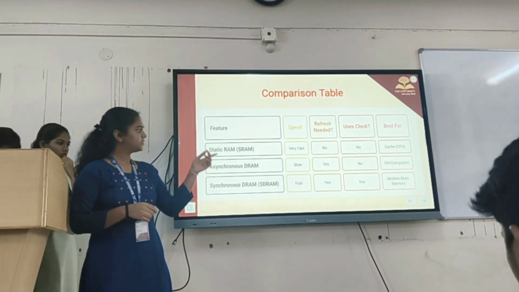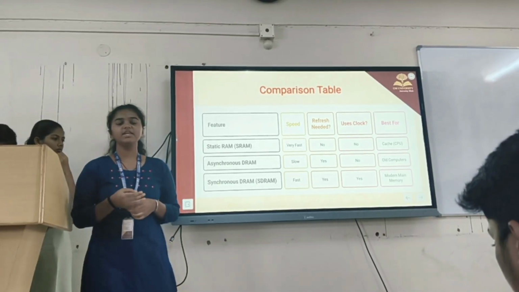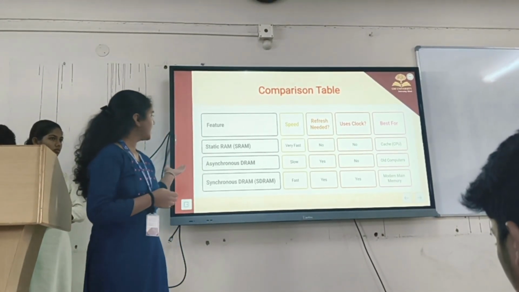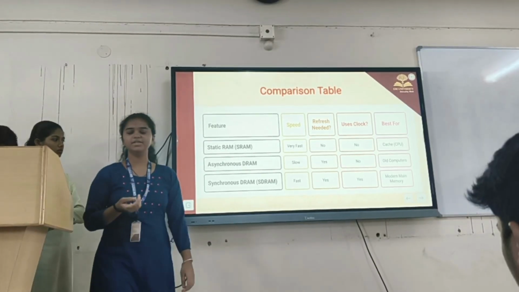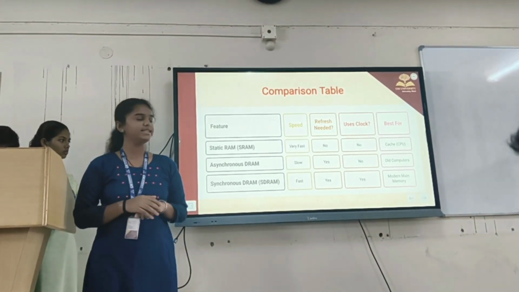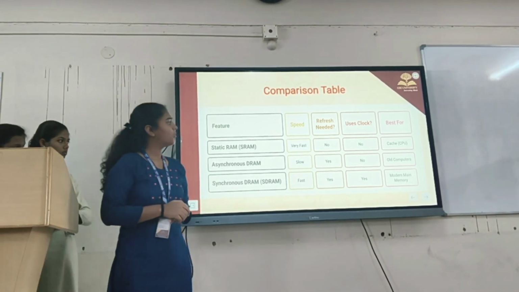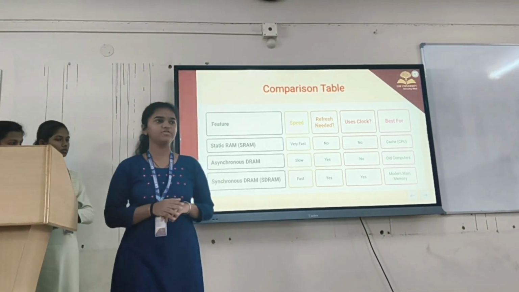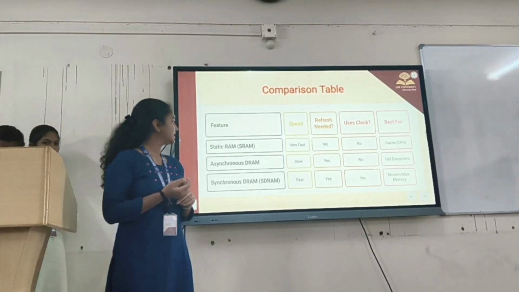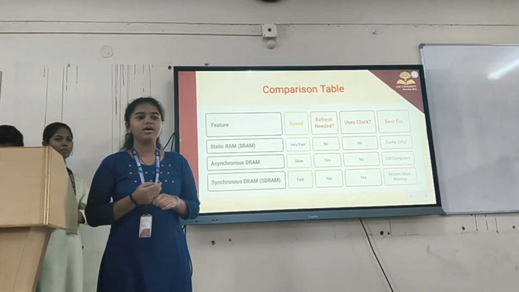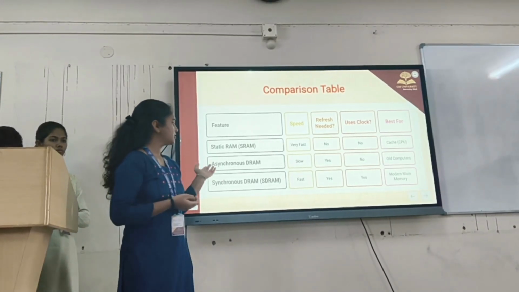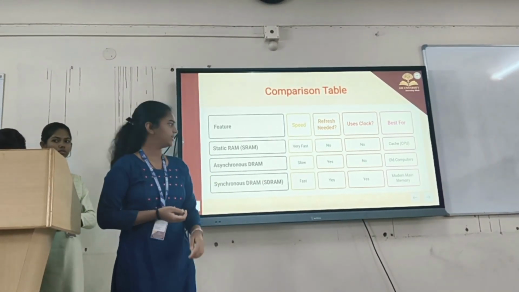For that reason, refreshment is needed, and we frequently need to recharge the capacitors. As for the clock, the name asynchronous itself suggests that it is not synchronized, so a clock system is not needed. It is best for old computers where simple architecture was used, meaning there is no complex architecture. So asynchronous DRAM was best suited for the old computers.